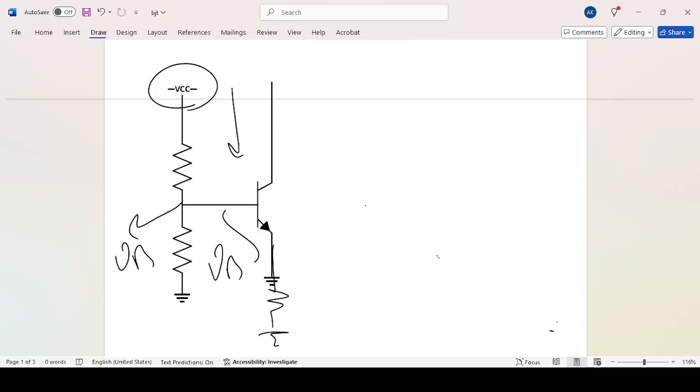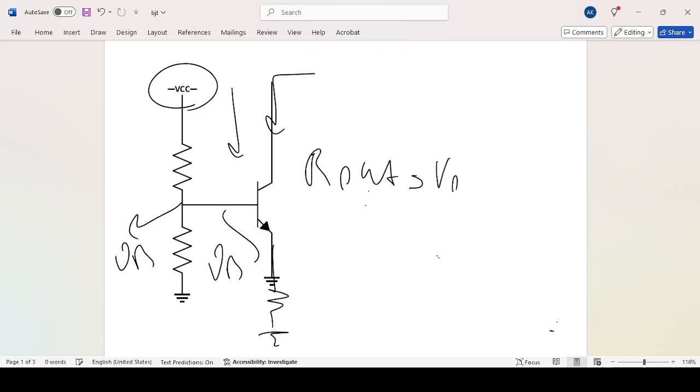You can find the following equation in all of the textbooks about the bipolar transistor, that we can define R out of this current source as RO (1 + gm RE).